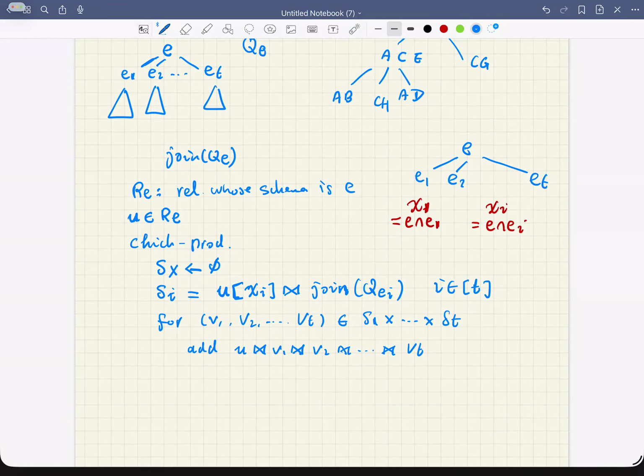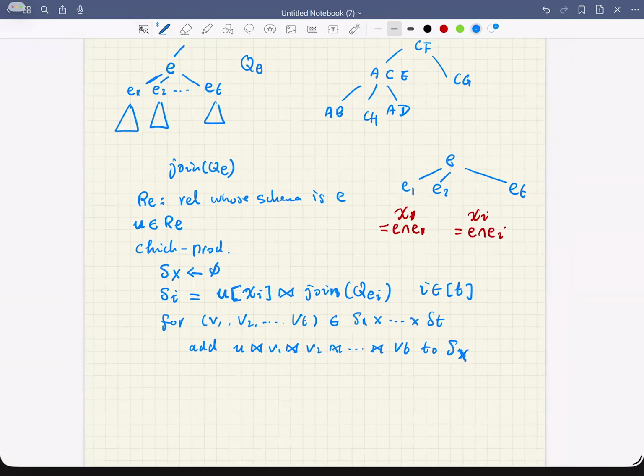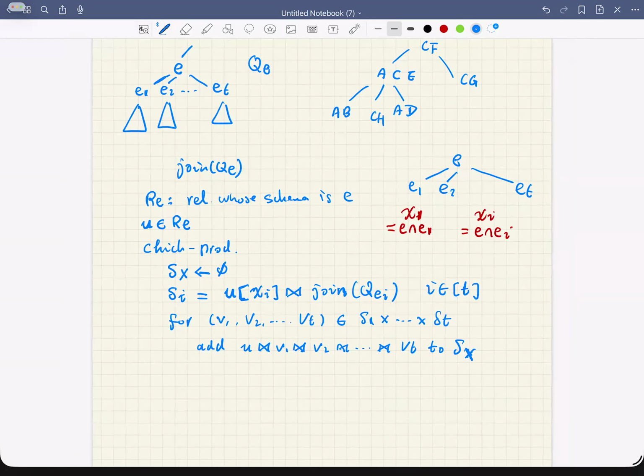So this is S times. Now this is the child product procedure. I'm going to tell you what it does, but this is the procedure.